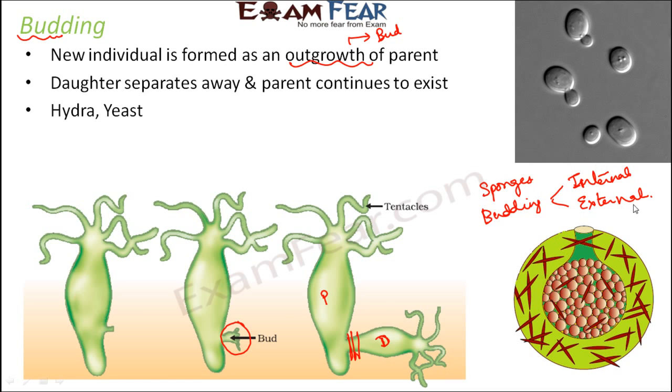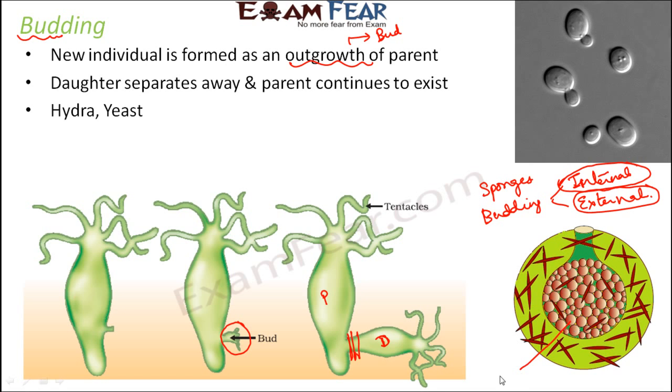What happens in external budding? External budding is similar to what happens in Hydra and yeast. That is, there is an outgrowth on the outside of the body. That is why it is called external budding. Now what do we mean by internal budding? In internal budding, small structures called gemmules are formed inside the organism.